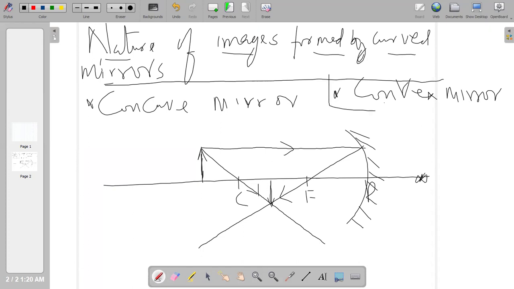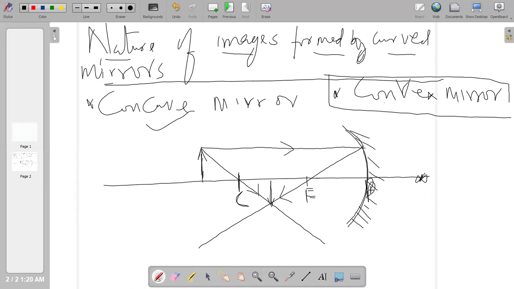So let's start with the concave mirror. This is a diagram of a concave mirror. Now, for an object placed beyond the center of curvature, C is the center of curvature, F is the principal focus, and P is the pole of the mirror.